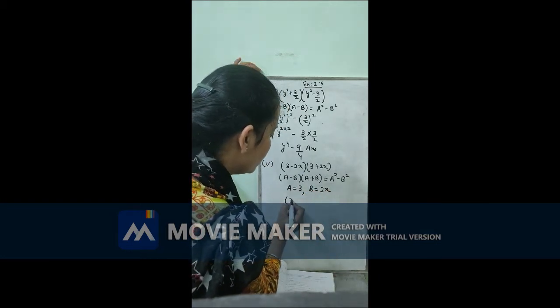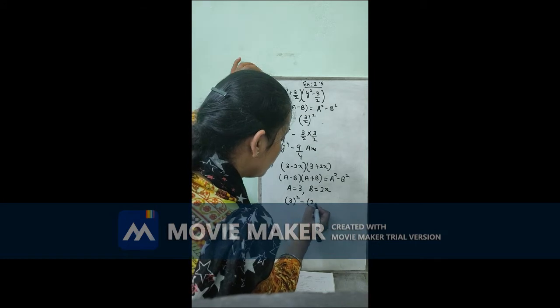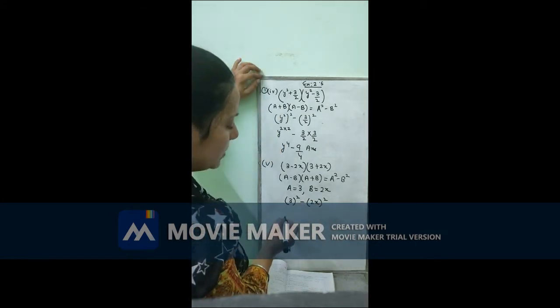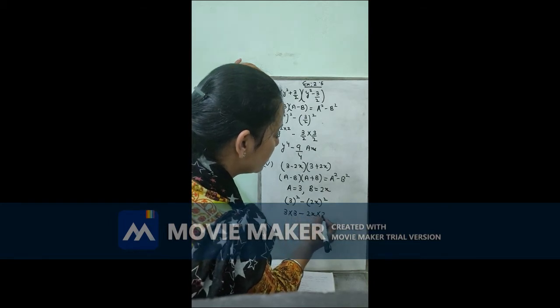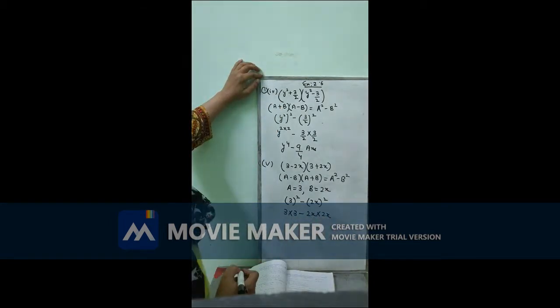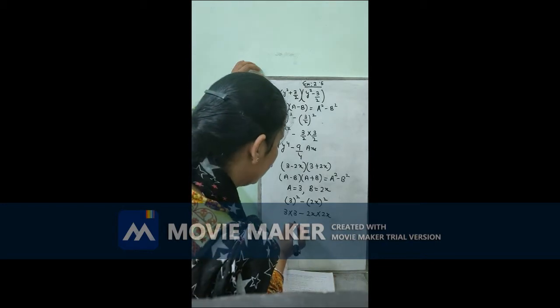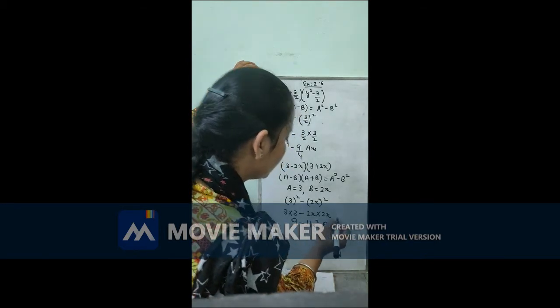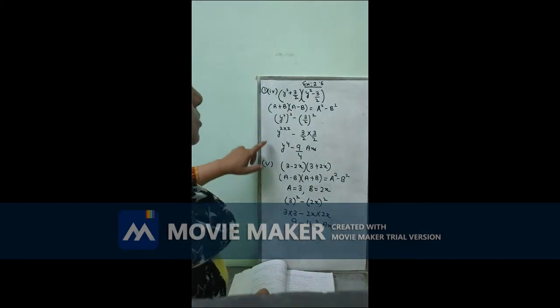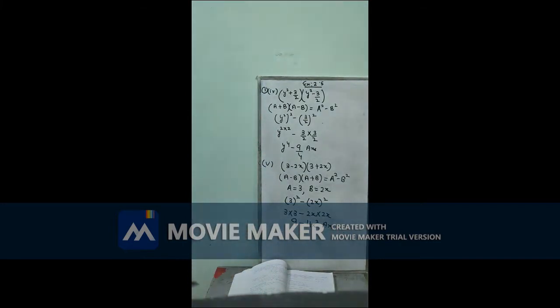So what you will do? 3 square minus (2x) square. Your answer will be 3 into 3 minus 2x into 2x. So what will be the final answer? Final answer will be 9 minus 4x square. That's all. Now give a proper review of these two parts for 1 minute.